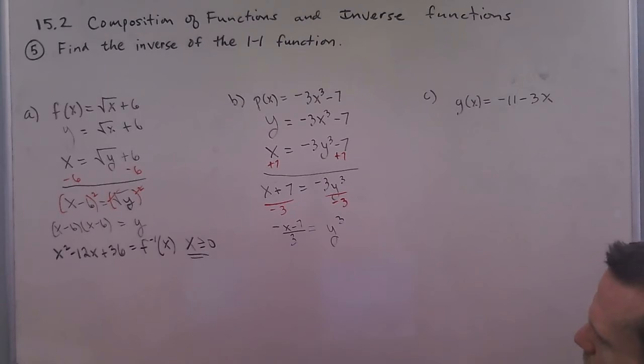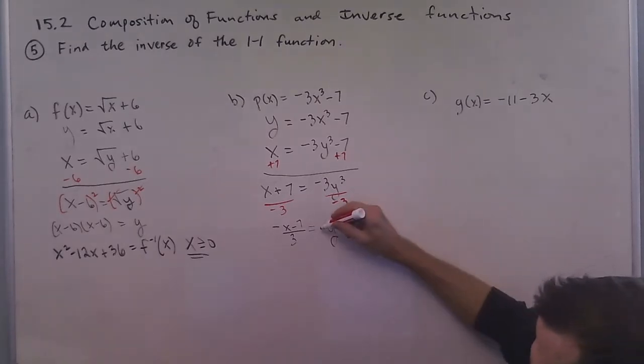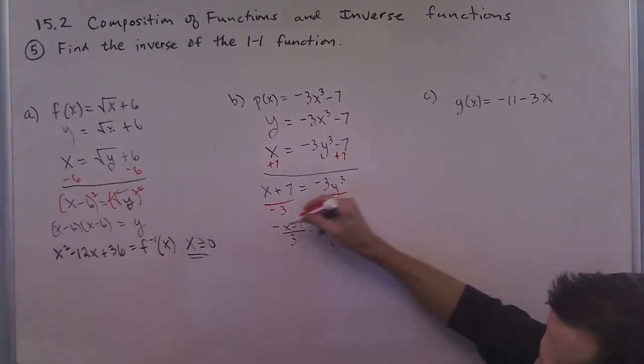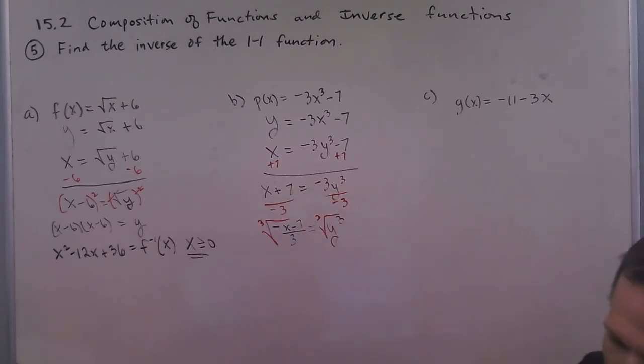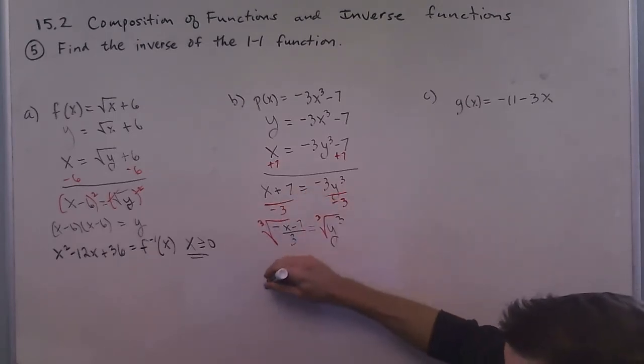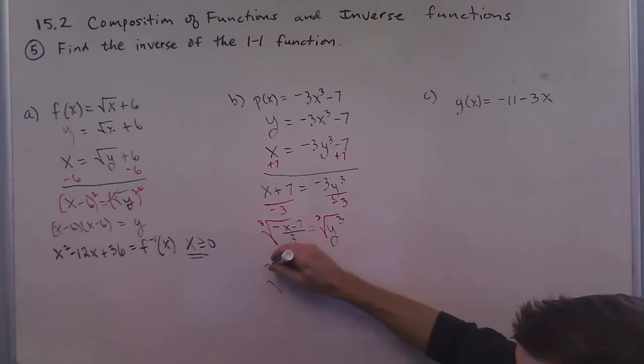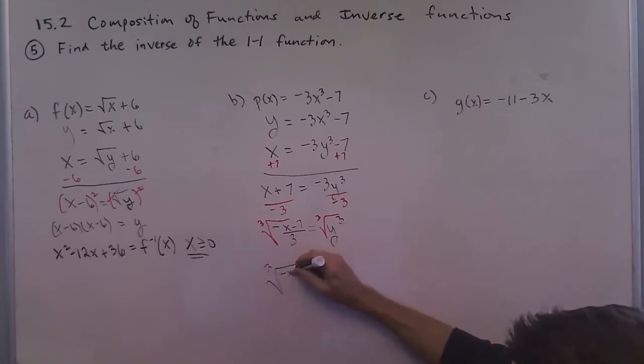And then I'm going to cube root both sides. So I'm going to cube root this side and cube root this side. So technically, this is the inverse here, the cube root of negative x minus 7 over 3.